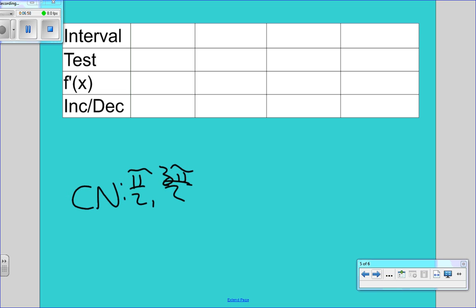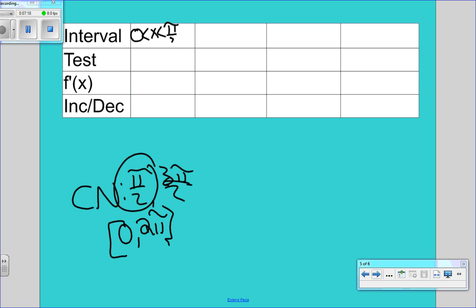And our interval, if you remember, we have a closed interval, so it goes from 0 to 2 pi. So our first interval is going to be 0 is less than x is less than pi over 2. Our next one is going to be pi over 2 again, is less than x is less than 3 pi over 2.